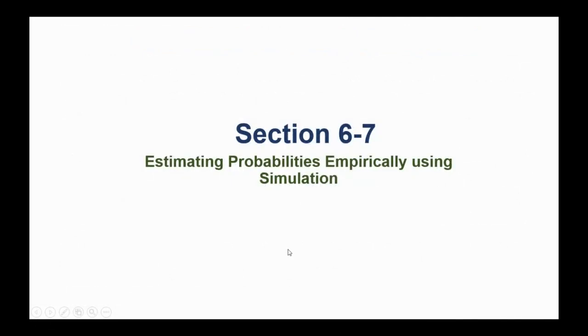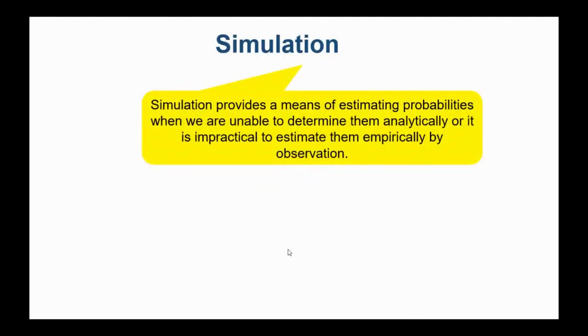So 6.7 is estimating probabilities empirically using simulation. Sometimes we're not able to estimate or determine them analytically or observe.